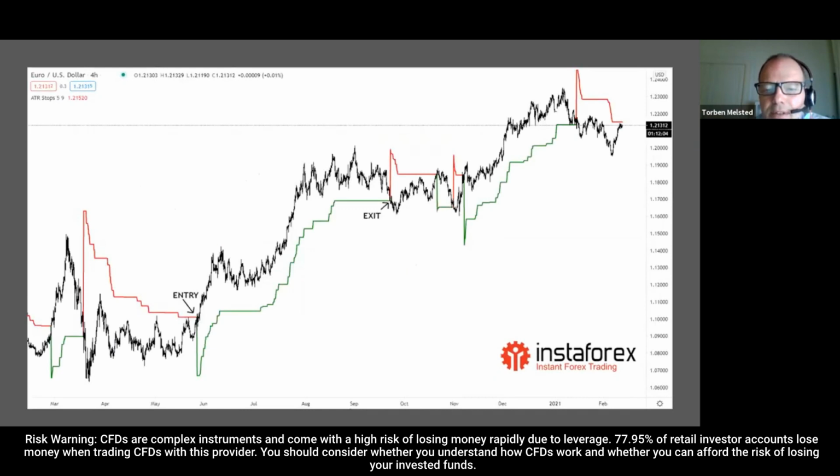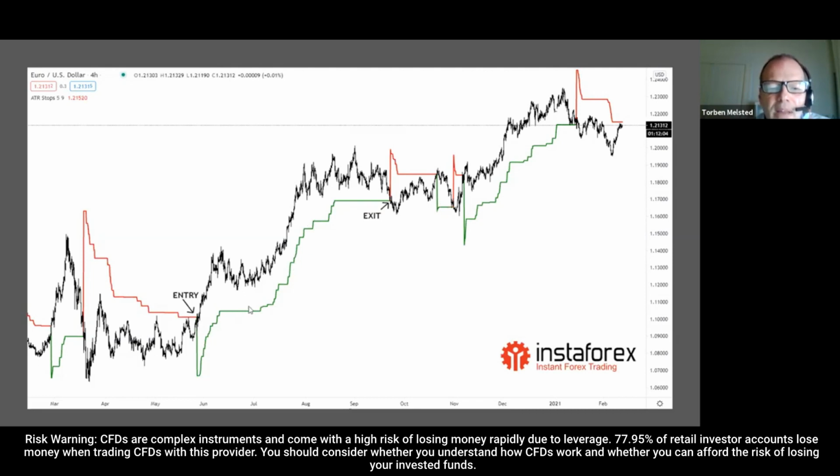Maybe this one, the average true range. Actually it works in the same way. It measures the range that you're working in. It's like a moving average, but it's more like a trailing of the trend.